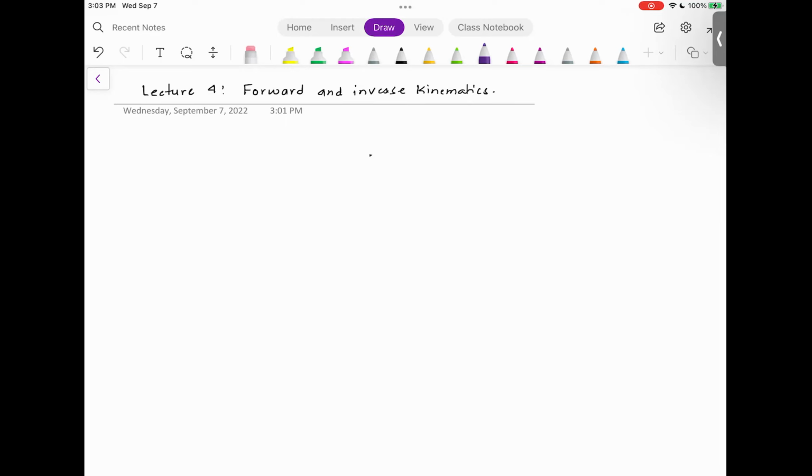In the case of forward and inverse kinematics, the definition of forward kinematics is: given the joint values, find the end effector position and orientation.